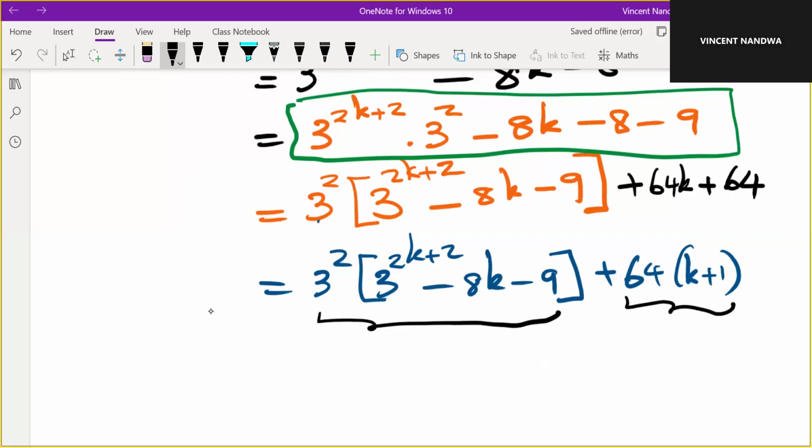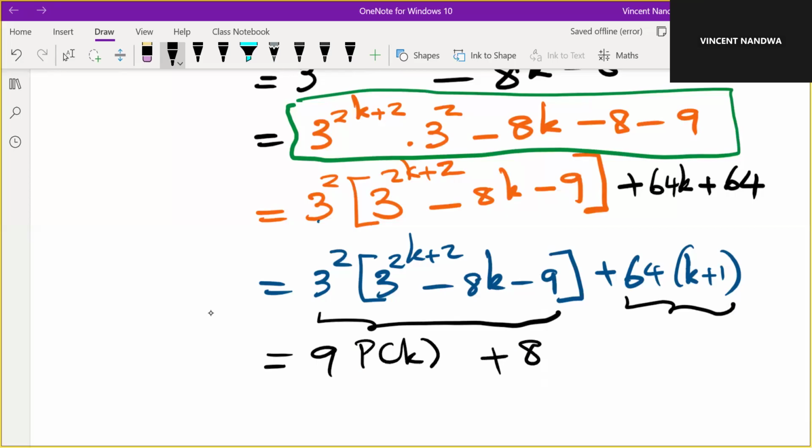So now we can say this can be written as 9 times P of K plus, this can be written as, what is 64 divided by 8? 8.